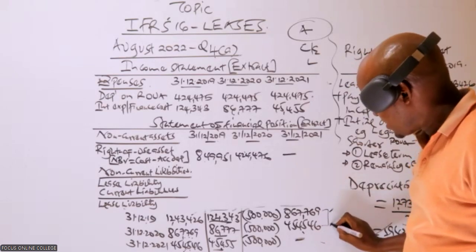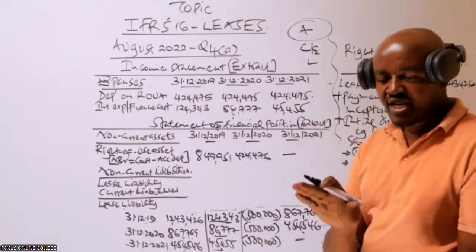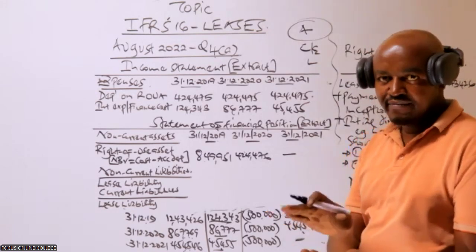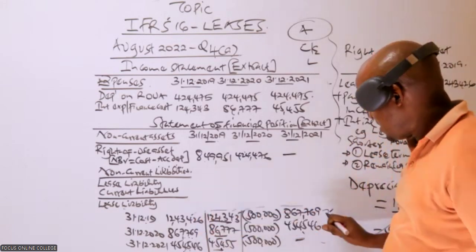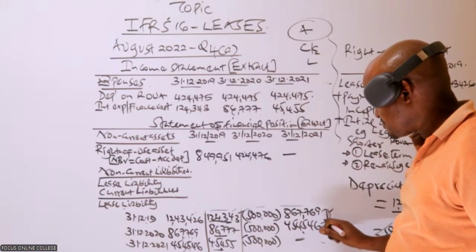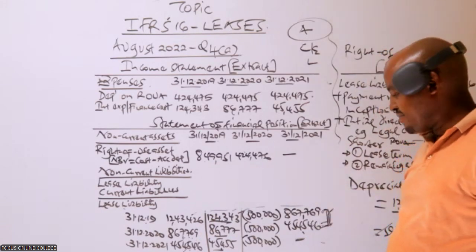At the end of year 2 is this. So basically, the decrease is the amount which has been paid within 1 year. So therefore, the amount to be recognized here as a current liability should be the difference between those two liabilities.